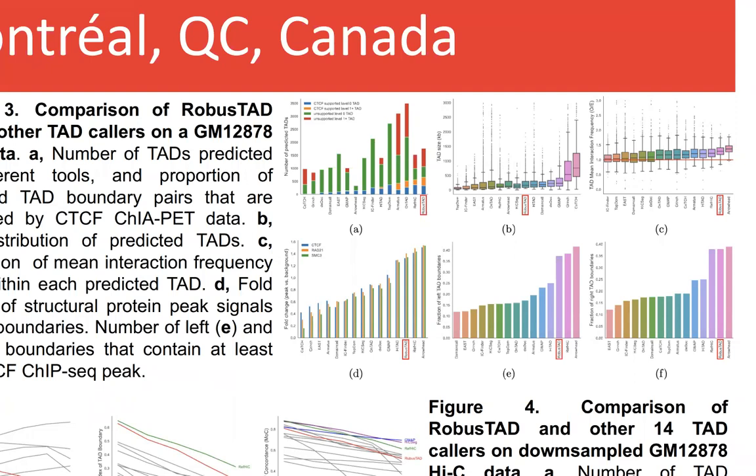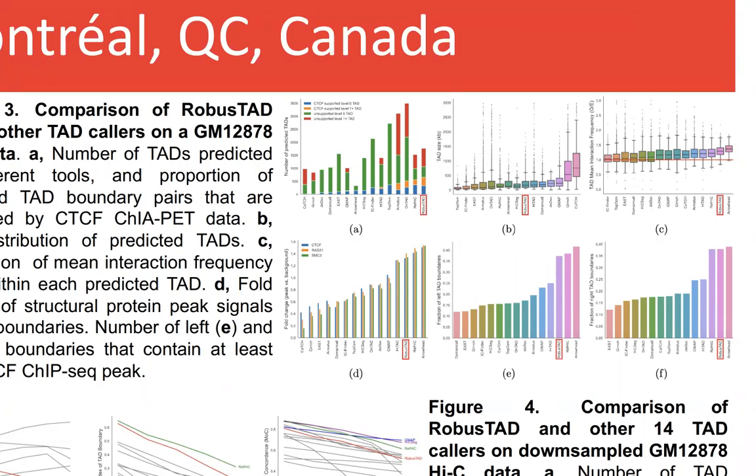The number of TADs and the size of TADs vary from TAD caller to TAD caller. This is because many tools have their own criteria to select TADs, but there are many TADs that have been identified by multiple tools. It's impossible to evaluate the accuracy and the recall on real Hi-C datasets because we don't have the ground truth.